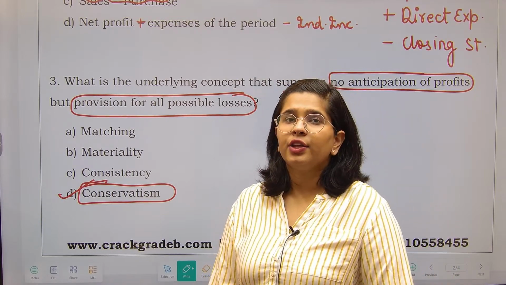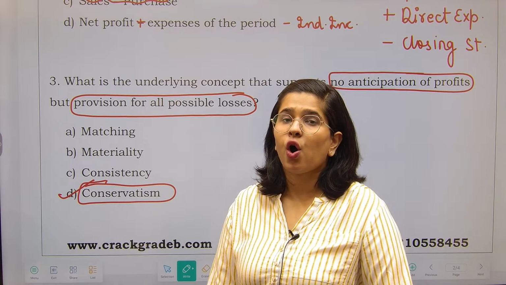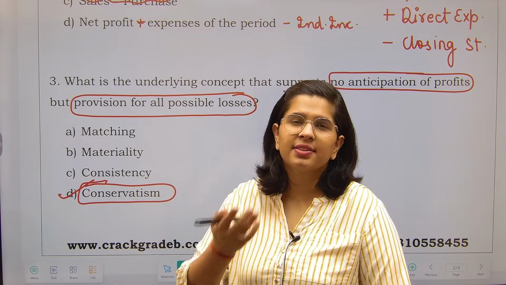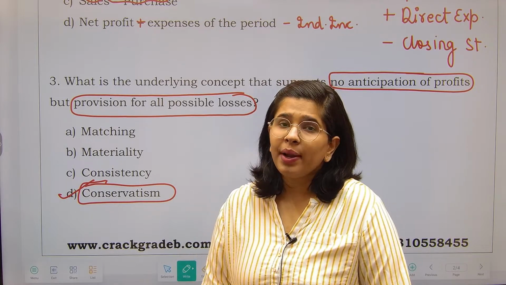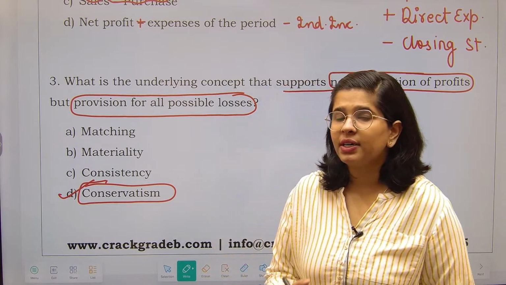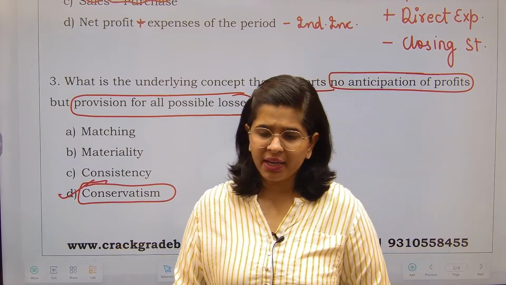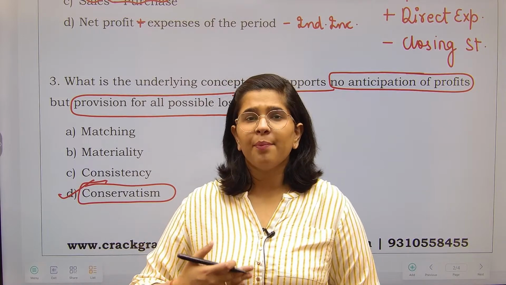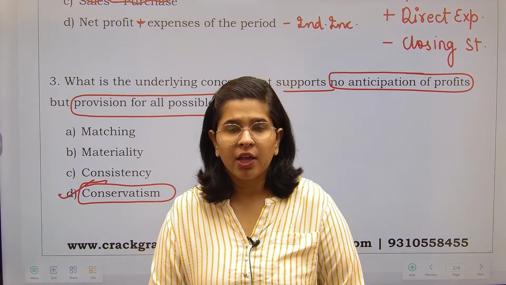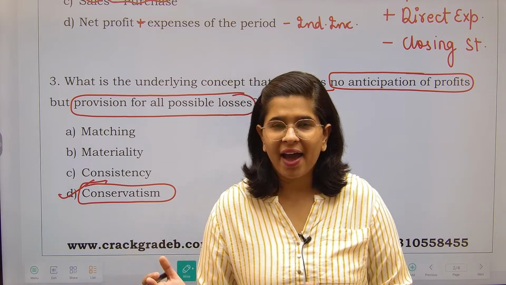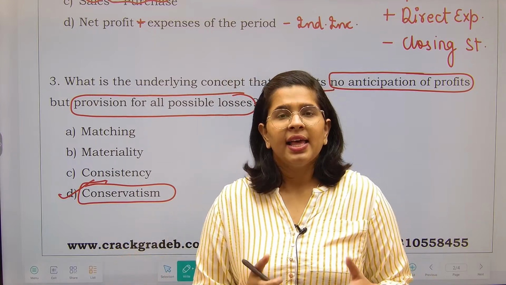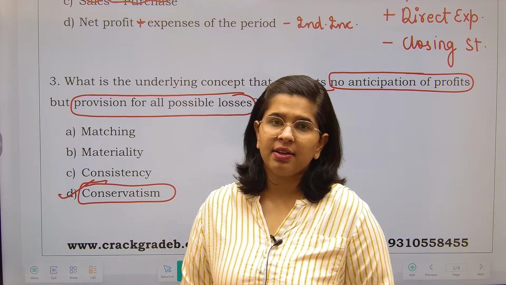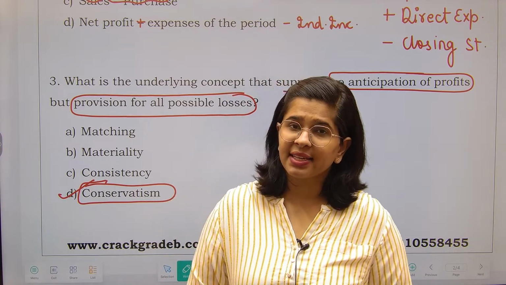Conservatism says that you have to provide for all the possible losses. In normal parlance also we use the word conservative, meaning you are with a backward state of mind, not progressive, having a regressive mindset. That is what we call a person we want to address as conservative.